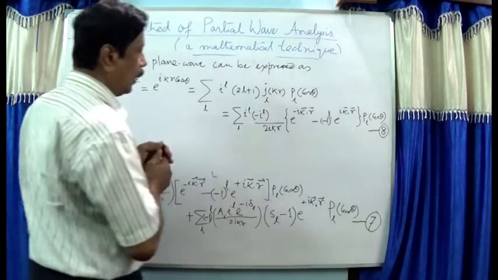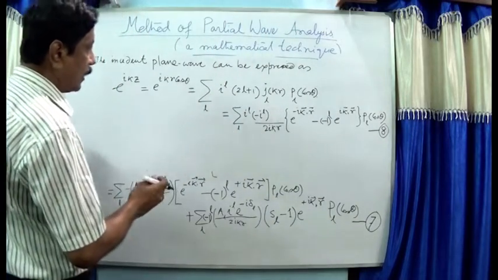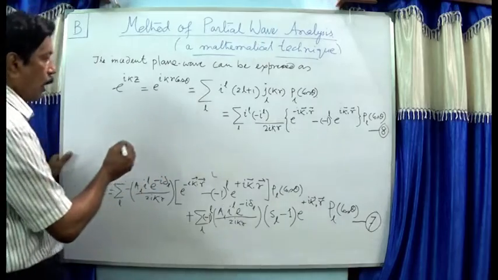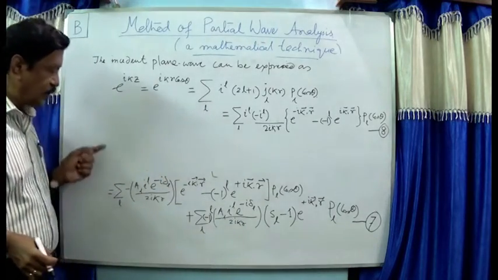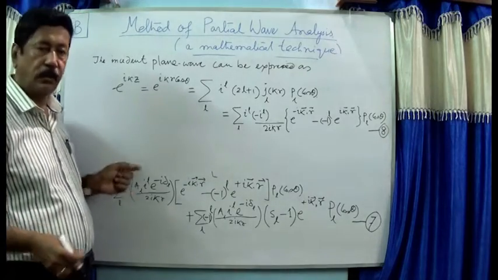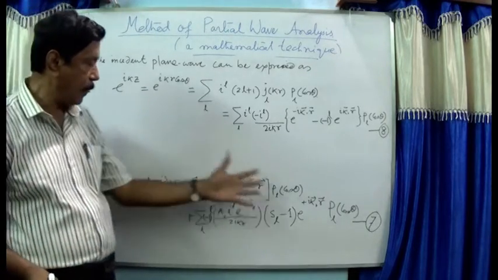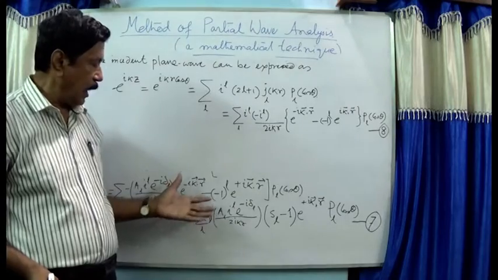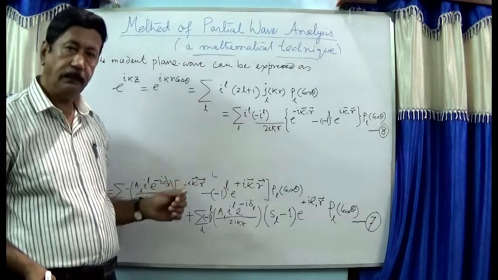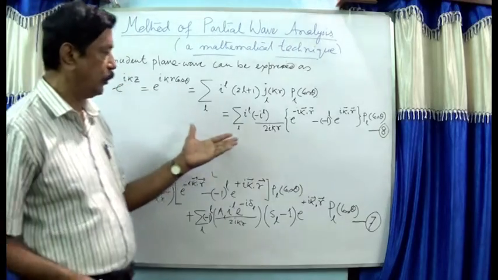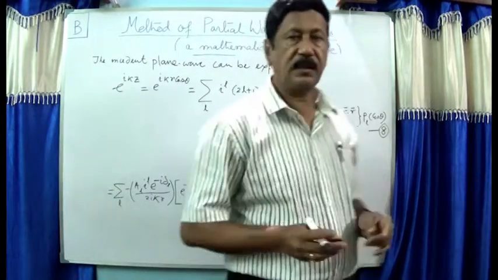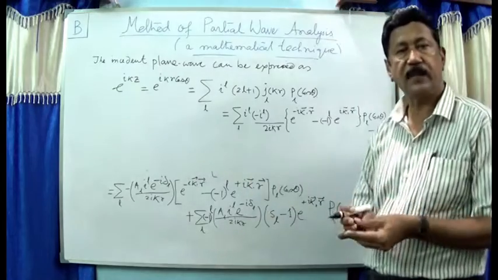Now look, these two expressions, one is the total psi, which has been written in terms of the angular momentum eigenfunction, and the incident wave, which is also written in the same style.